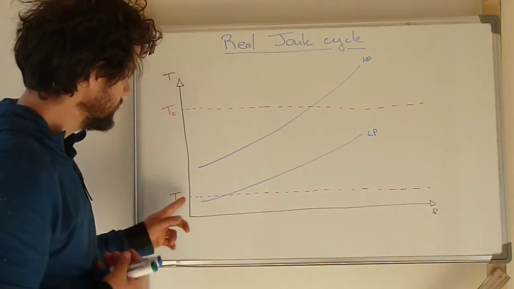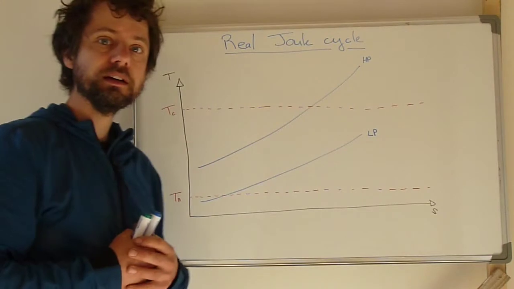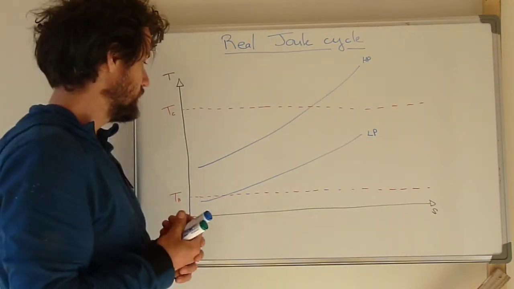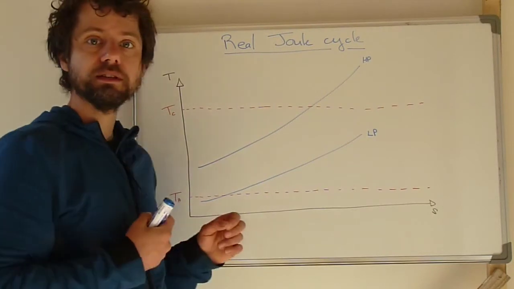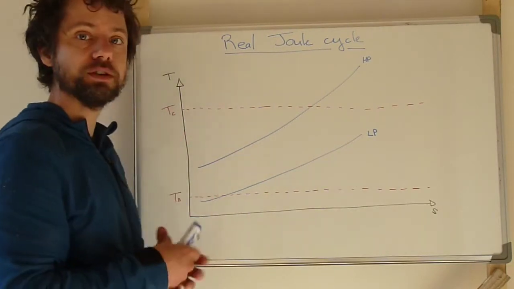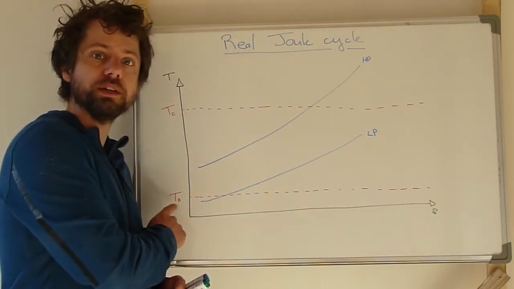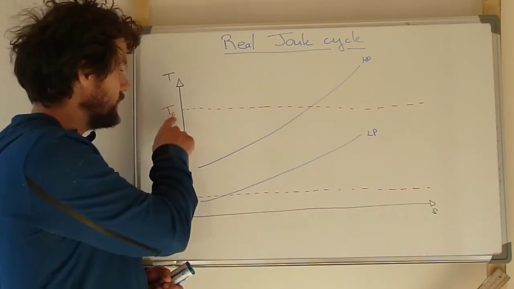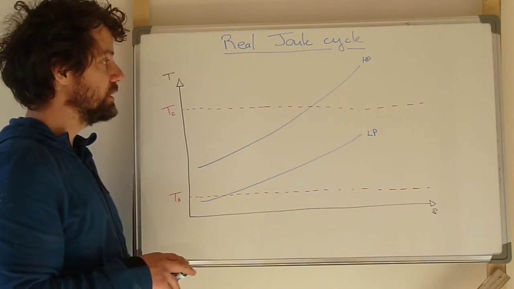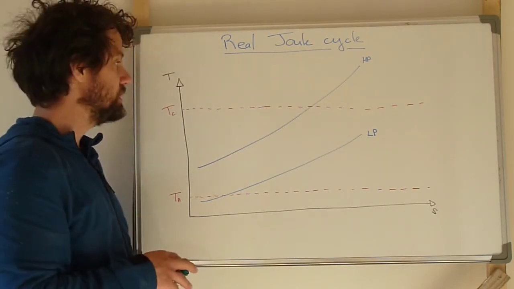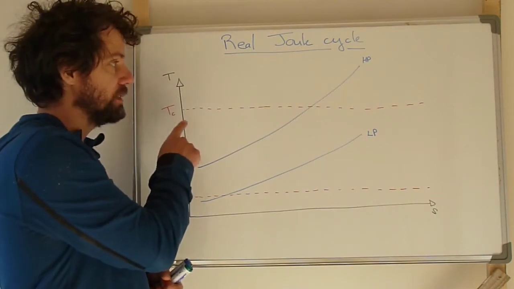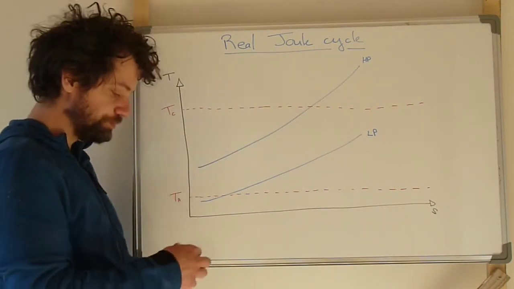And I also plotted two specific isotherms, so isotemperature lines, which correspond to the lowest and highest temperature. Lowest temperature usually corresponds to the ambient temperature, and the highest would be the highest temperature that can be admitted to the turbine, which is defined by technological considerations.